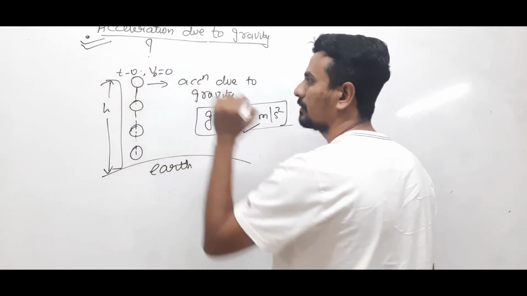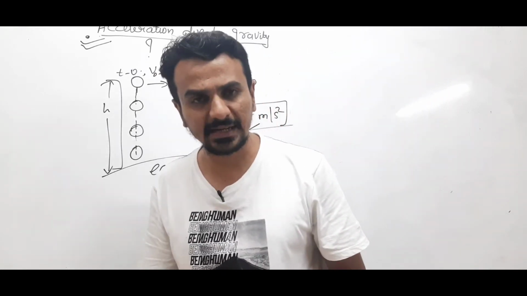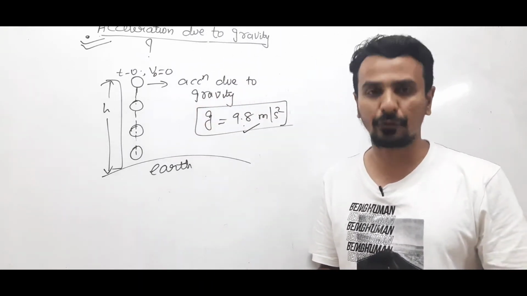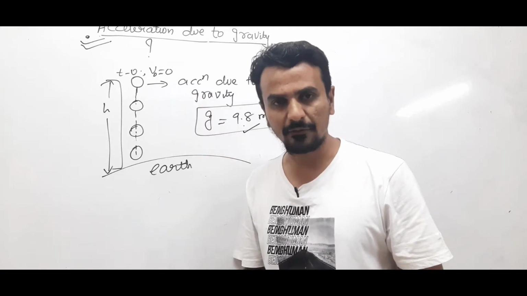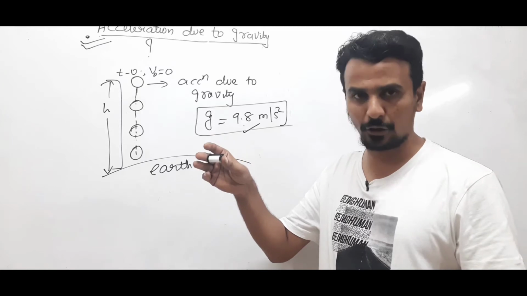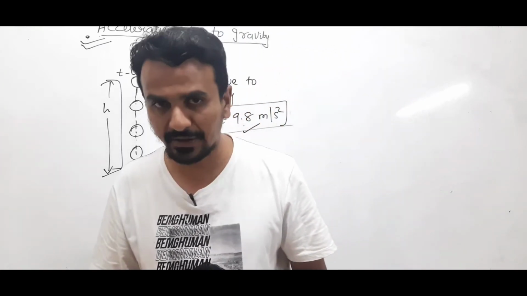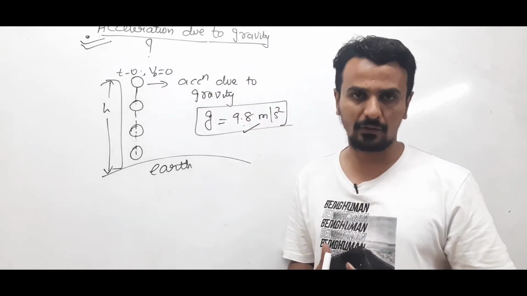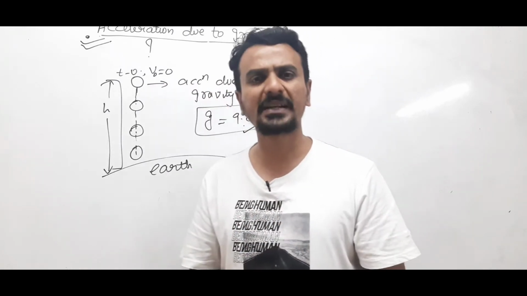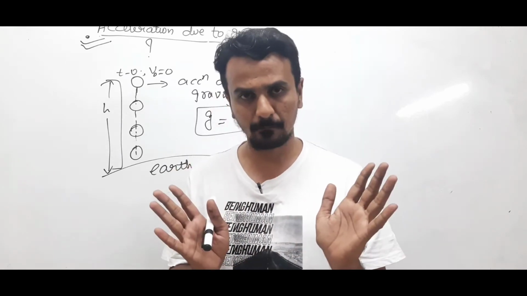velocity will be 0. Of course, always remember one thing, whenever any object is performing free fall, this is known as free fall. Free fall means you are not applying any kind of external force, you are just leaving the object, but the object performs the motion under the influence of gravity. That is known as a free fall. Whenever any object is performing free fall, its initial velocity will be 0.